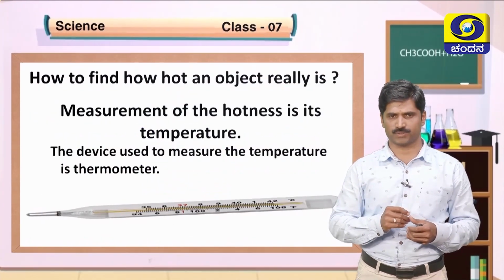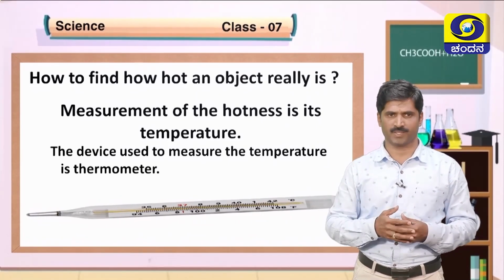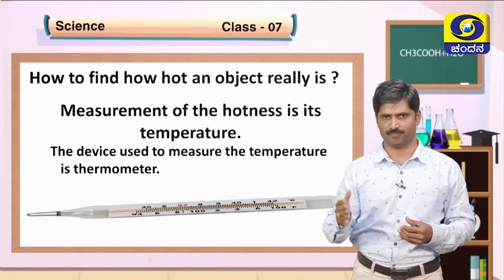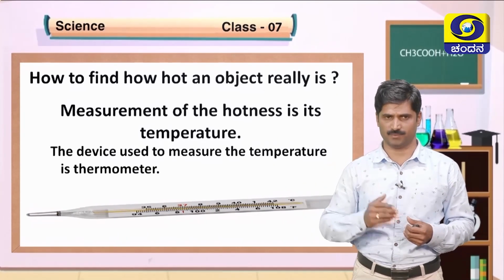We should use a thermometer for that. What is a thermometer? The device used to measure temperature is a thermometer. Then what is temperature? The measurement of hotness, or degree of hotness, is temperature.